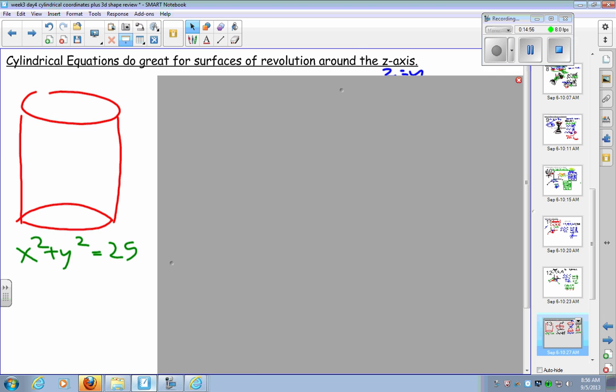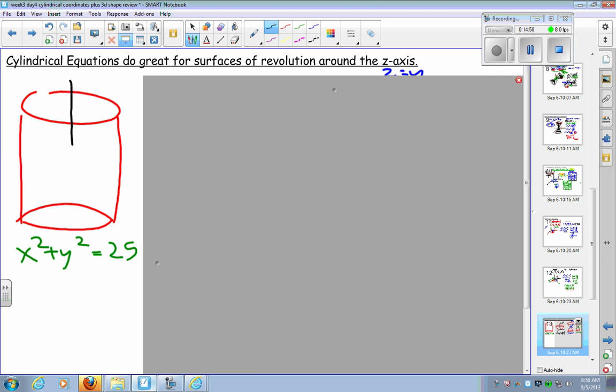So that guy definitely revolves around the z-axis, and it's super boring. Every time you rotate this or revolve it, what is the r? Every single time the r is 5, because it's that circle with radius 5 every single time. So you have r squared equals 25, so r equals 5.